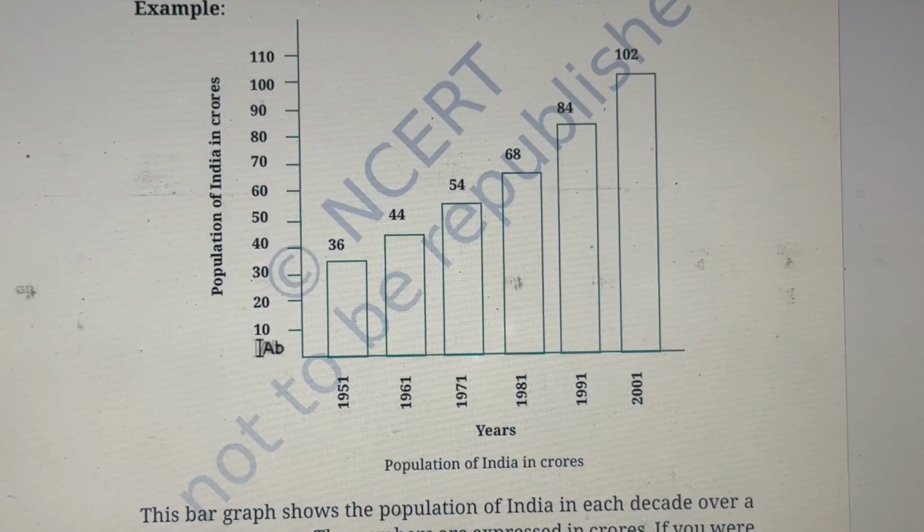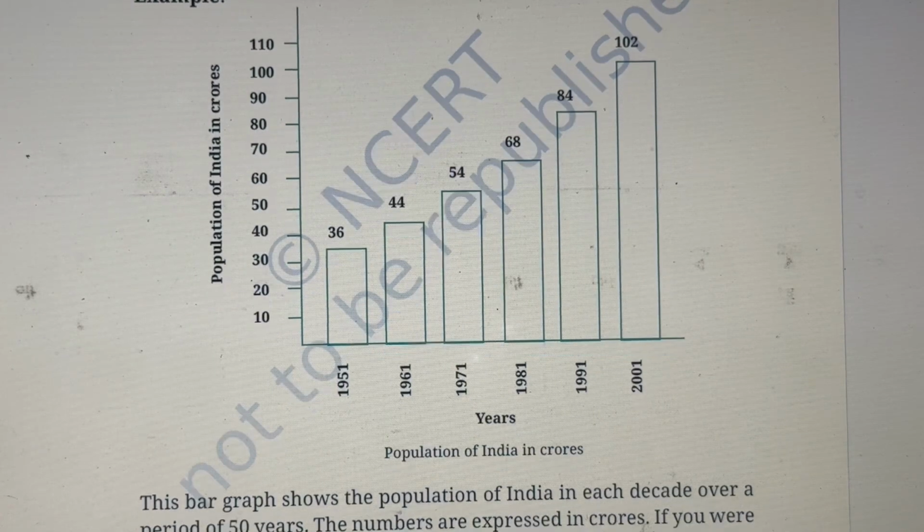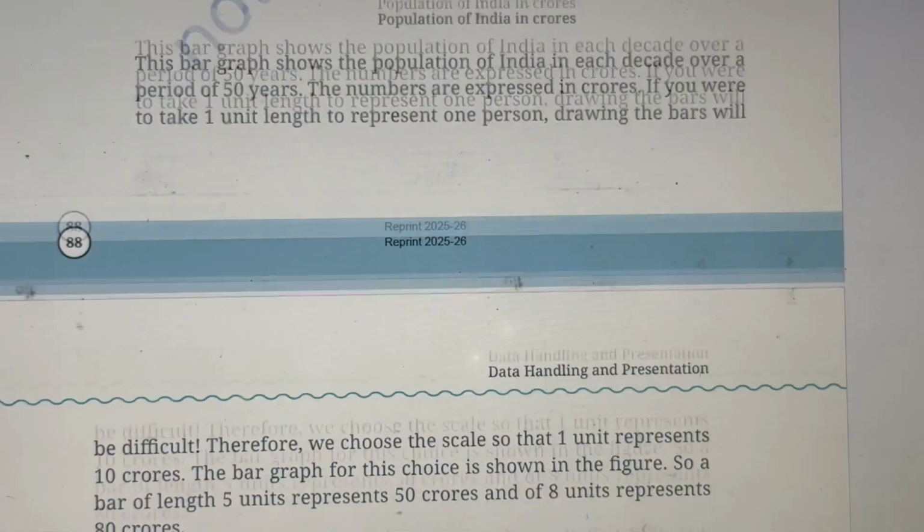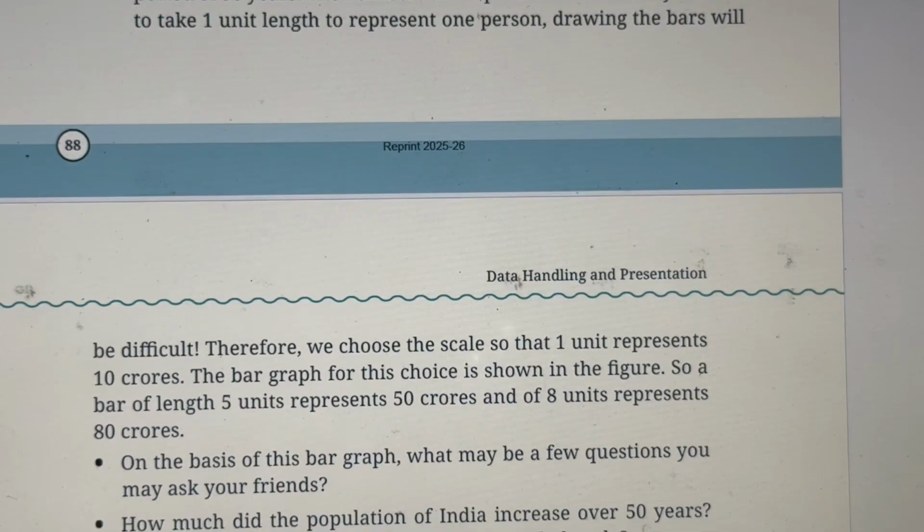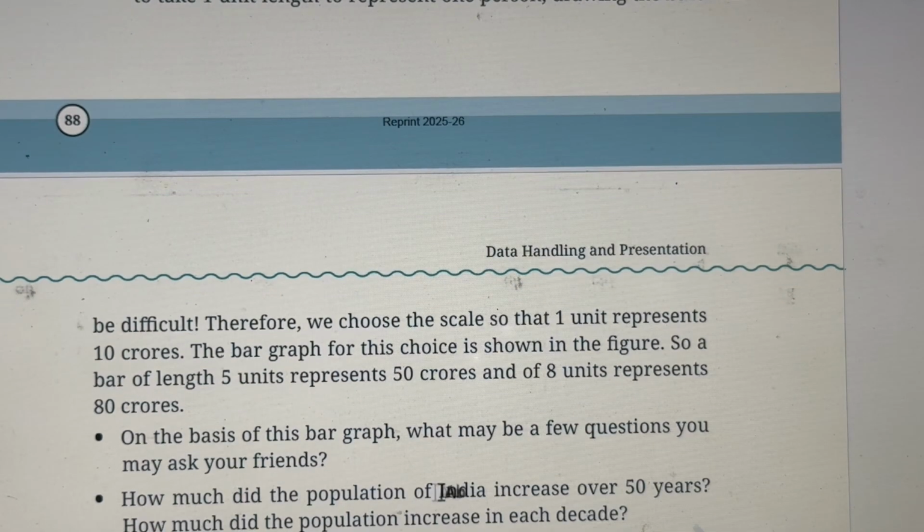It should be a pattern. So your 1 unit is 10 crores. Okay. So 10, 20, 30, 40, you see a pattern over here. Right. So that's the scale used over here, because here the scale needed was big. Now, let me show you on the basis of this bar graph a few questions you may ask your friends.